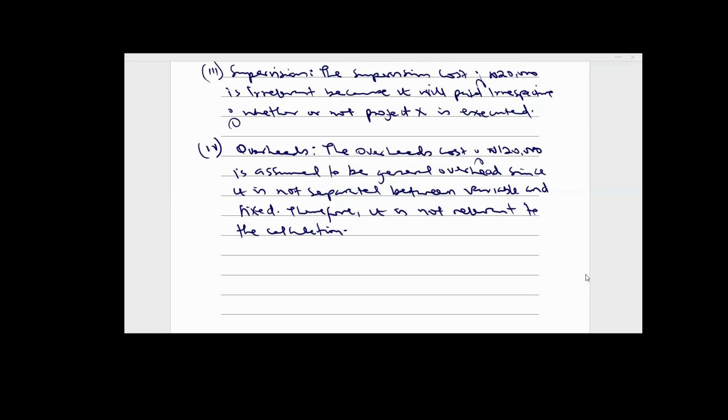Who is raising hand? Yes, Oliver, talk to me. Okay, yeah. As the question stated, because of that project, we have to acquire a new machinery, which will cost us. So there's a cash flow and it is relevant. Now, one other thing is that that machine has no other use except for that project, and it is not available. So we have to purchase it, which shows how relevant it is.